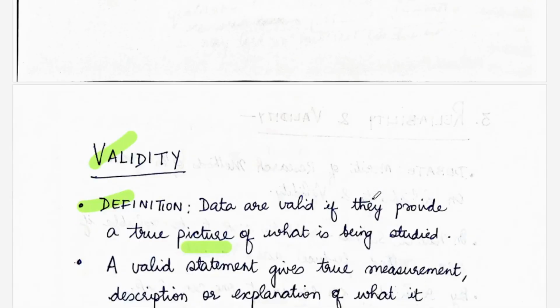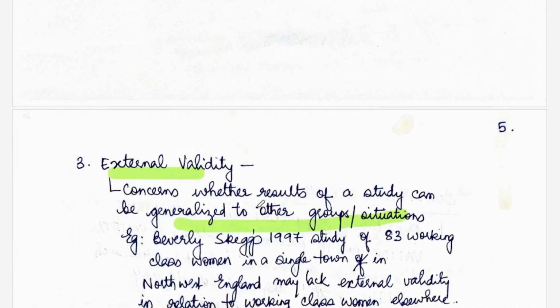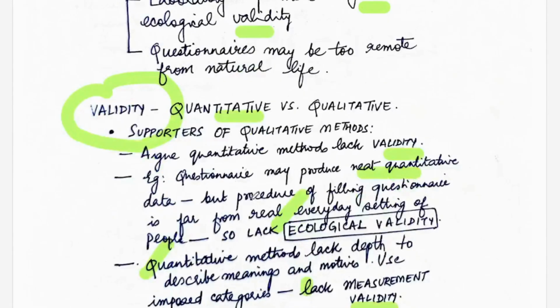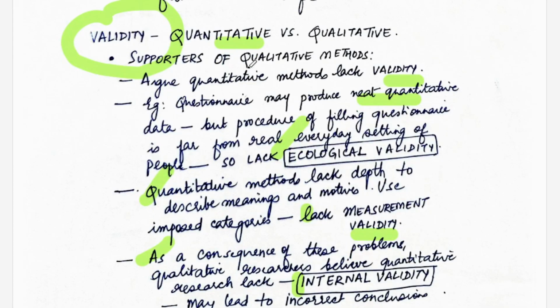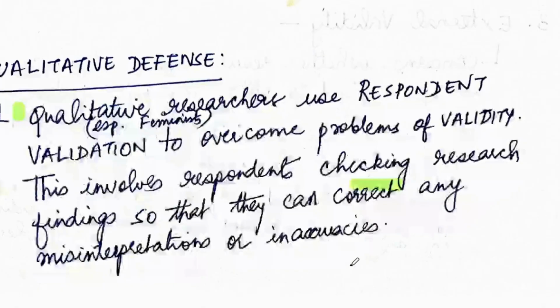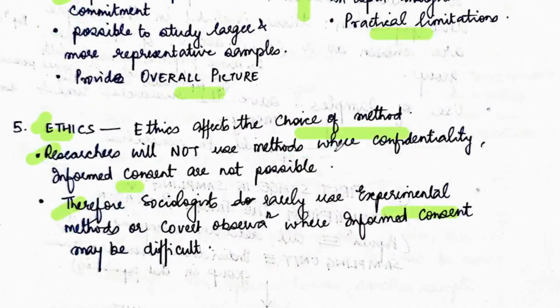Then we also talked about validity, what is validity, and the four types of validity. And also with respect to validity, we saw the comparison between the quantitative versus qualitative methods, how the supporters of qualitative methods find the quantitative methods to lack ecological measurement and internal validity. And then we went to the topic of practicality, and how practicality and also ethics affect the choice of method. So with this, we have completed this lecture.